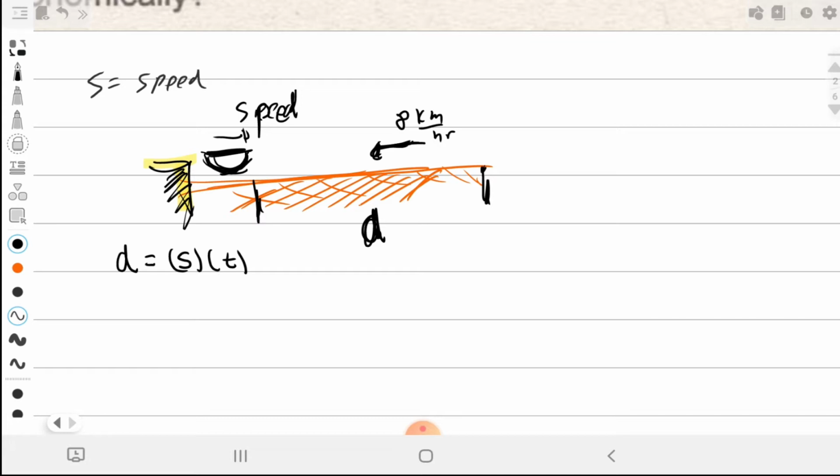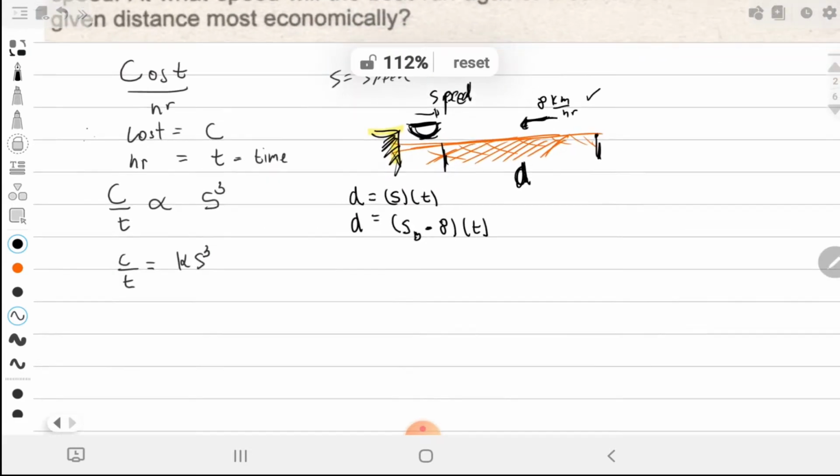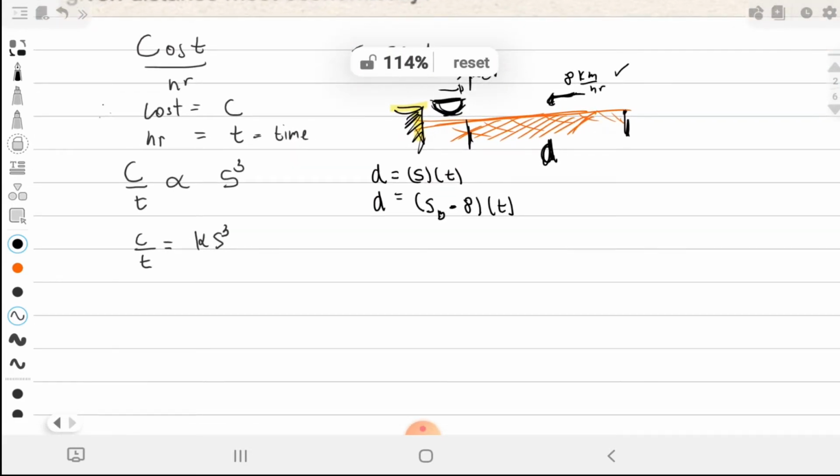So, from this, I can say that since the current is against it, I will have the speed of the boat less the speed of the current, which is 8 km per hour, multiplied by the time, is equal to the distance traveled. Okay? So, from here, we have C over T is equal to Ks cube, right? So, we have C over T or cost per hour is equal to Ks cube.